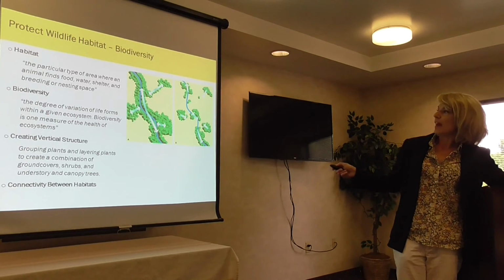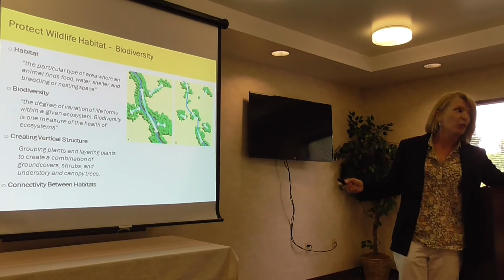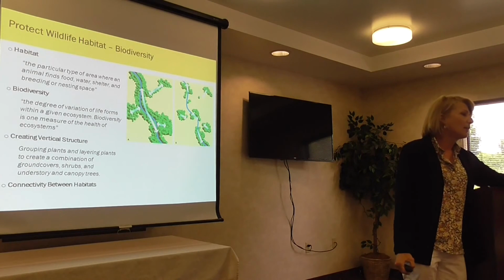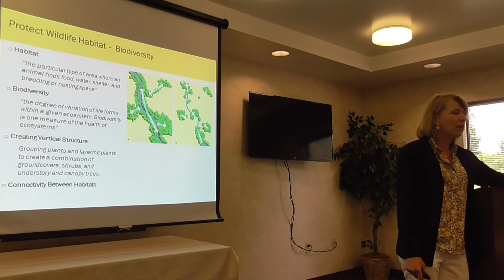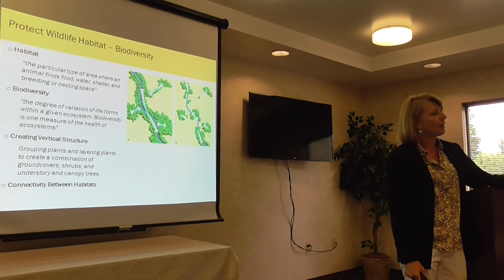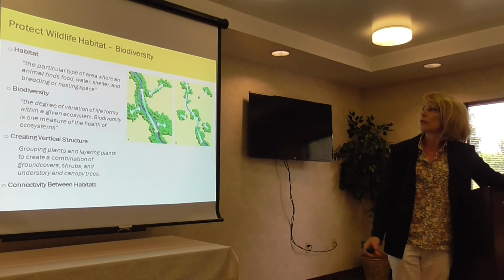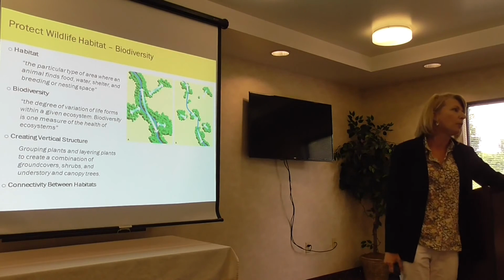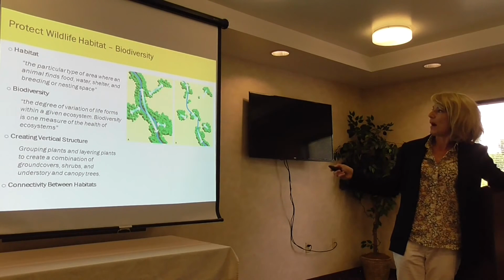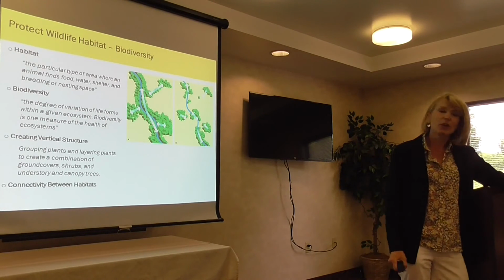Maybe that buffer, it could just be in how it's planted, adding some plant material that has berries and food and shelter for wildlife. It can create just enough to create that corridor protection that connects that patch.